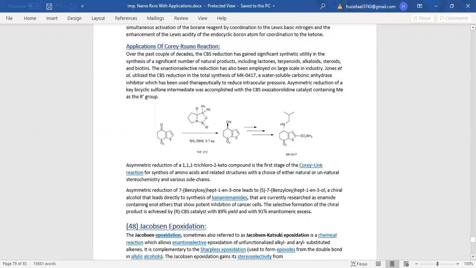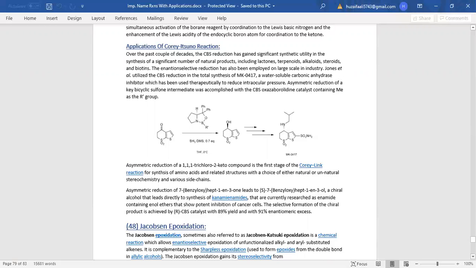Asymmetrical reduction of 7-benzoyloxyheptan-3-one leads to S-7-benzoyloxyheptan-3-ol, a chiral alcohol that leads directly to the synthesis of cannabinoids that are currently researched as enamide-containing enol ethers but show potent inhibition of cancer cells.